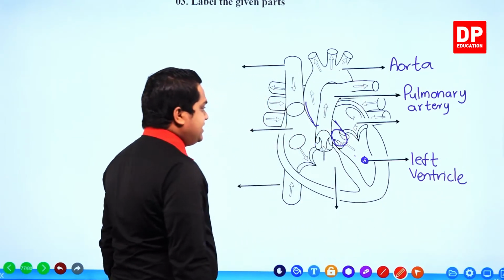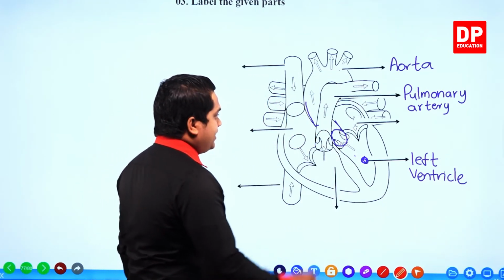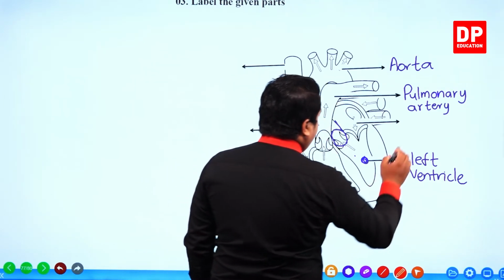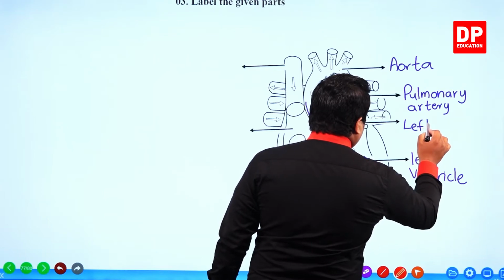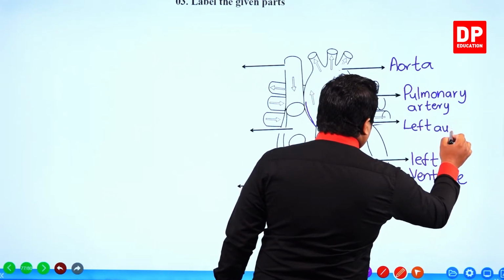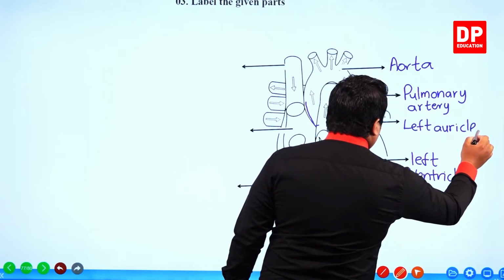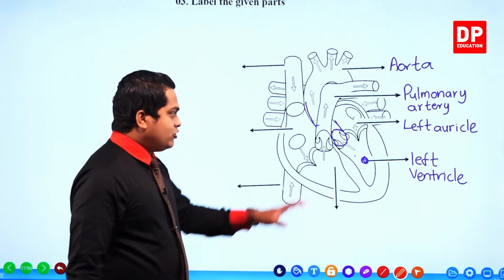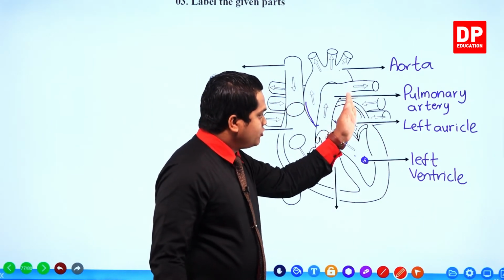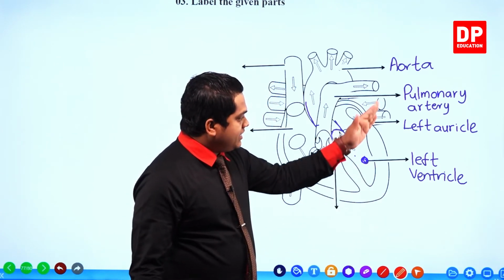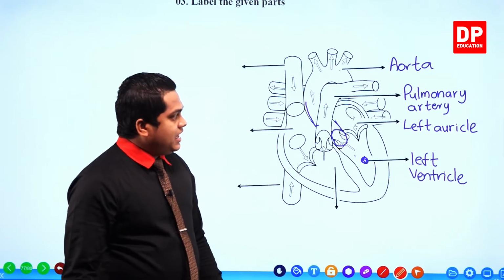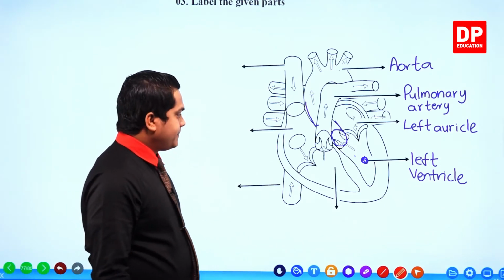So if that is the left ventricle, then the top chamber should be the left auricle. Right? Below chambers are ventricles, above chambers are auricles. So this is left ventricle, the above chamber is left auricle.